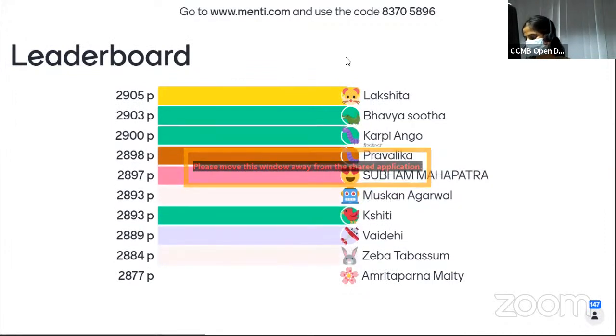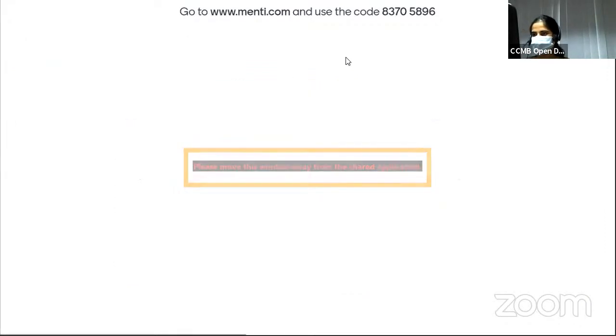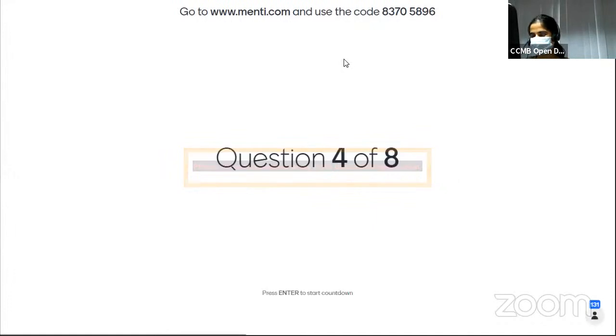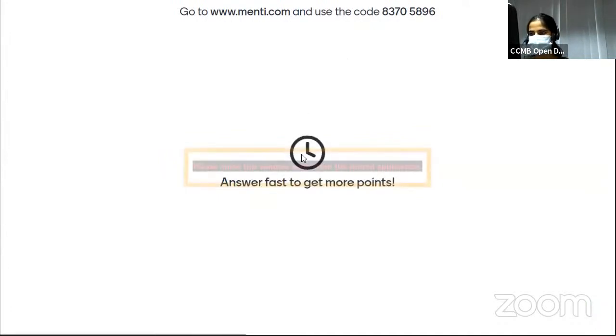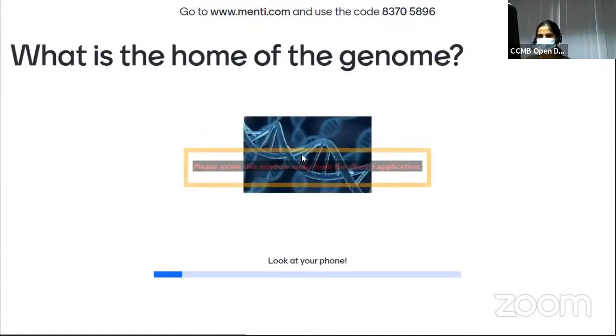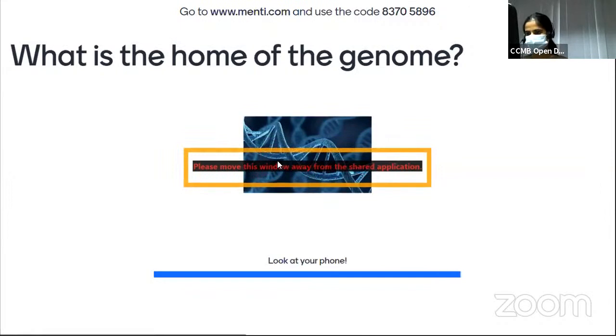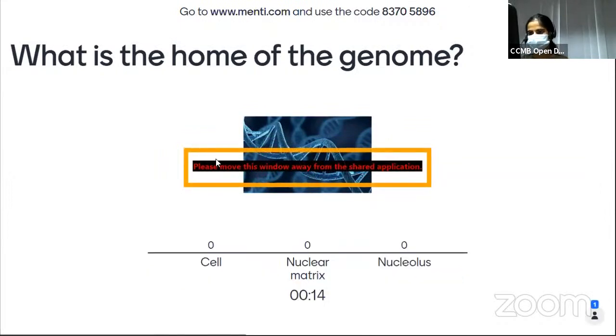Again, Lakshita gave the fastest answer. Now we have next question. What is the home of the genome? Options we have is cell, nuclear matrix, and nucleus.